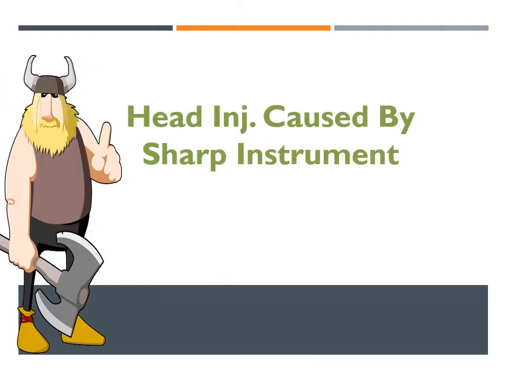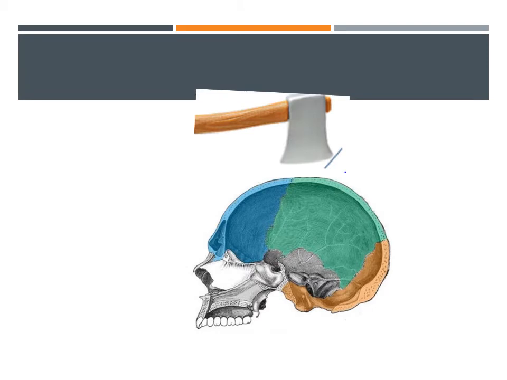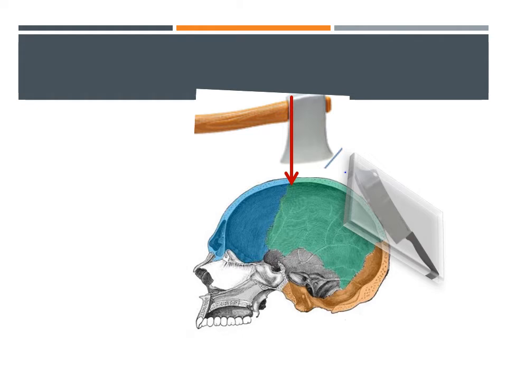Second part of our section is head injuries caused by sharp instrument. Sharp instrument is the instrument having sharp edge, like axe or knife, making what? Making a fracture according to direction, may be perpendicular or tangential.